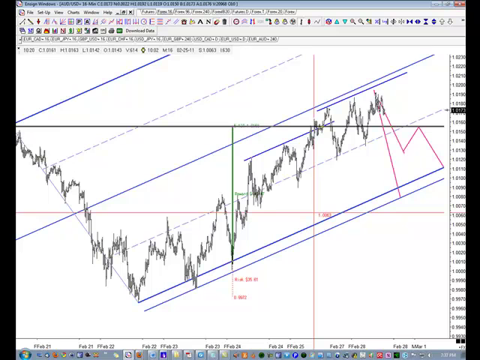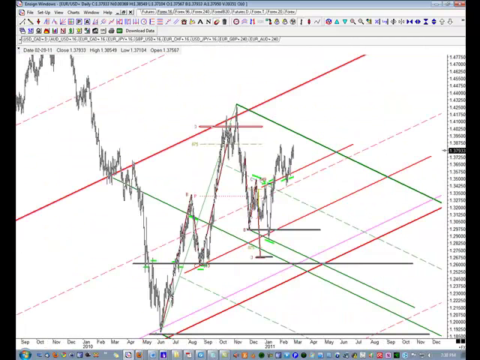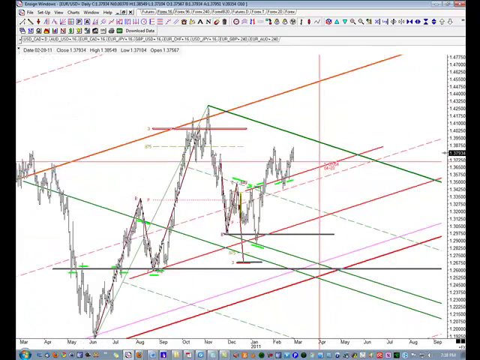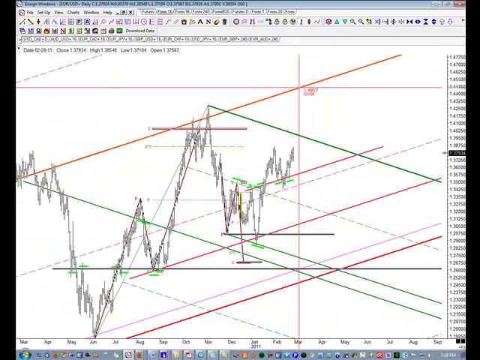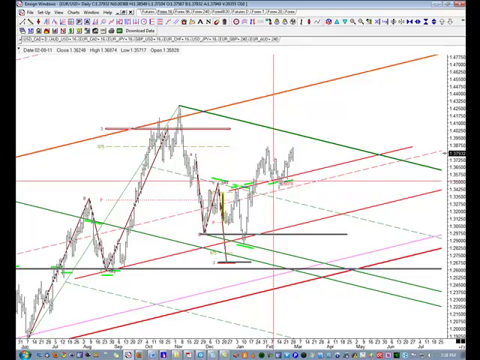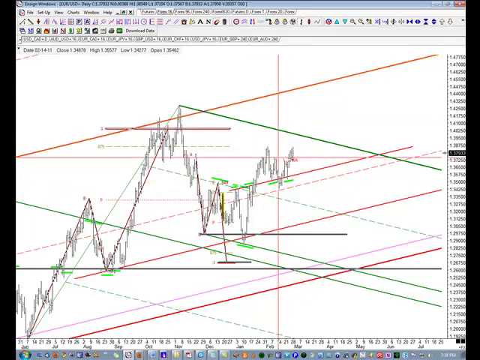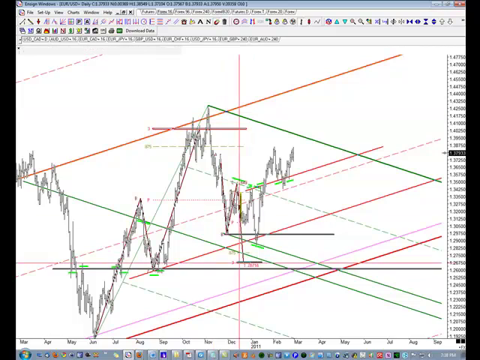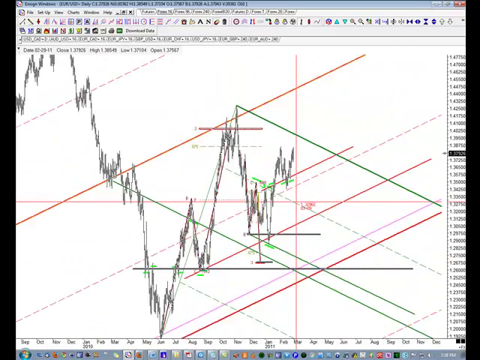Now let's look at some other vehicles. Okay, my opinion on the euro dollar is that we're gonna reach this median line here, based on the fact that here we have a switchback. We broke this high, and we didn't reach the D here, which is bullish, and yeah, that's it.